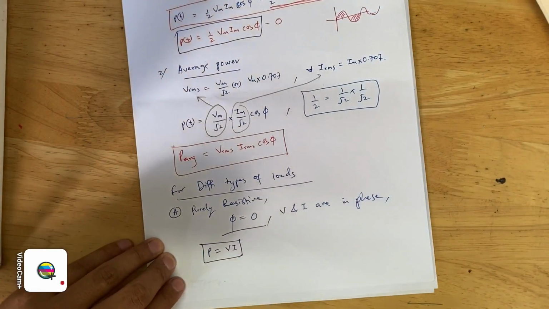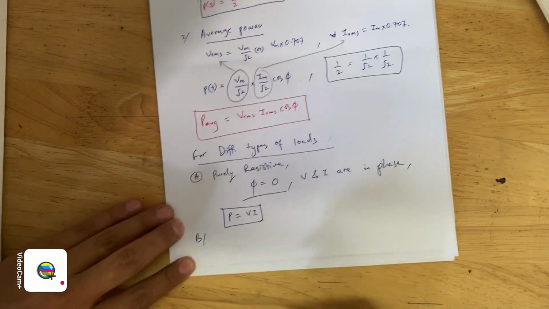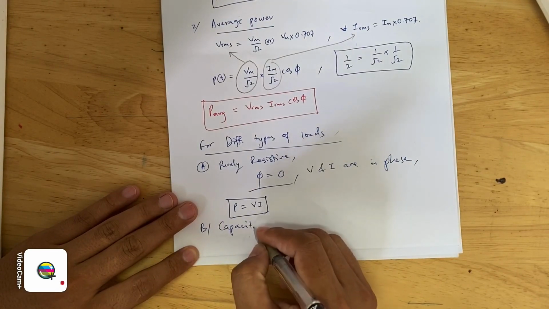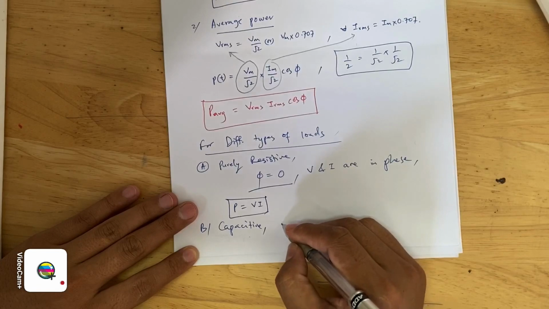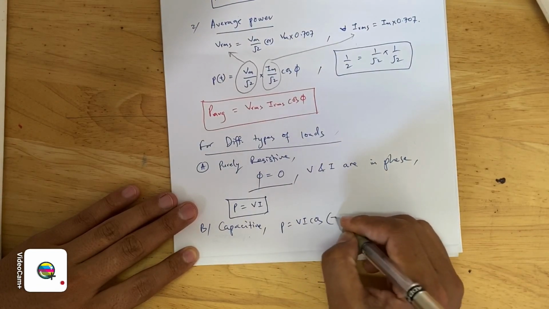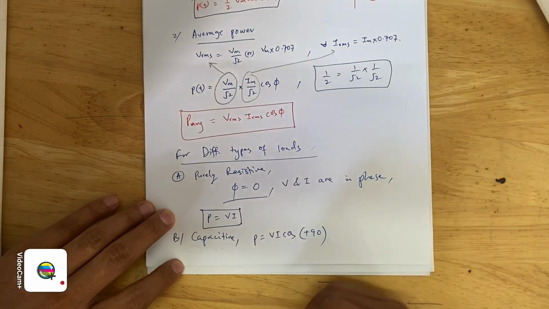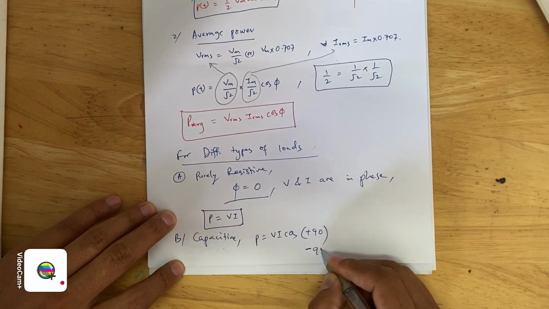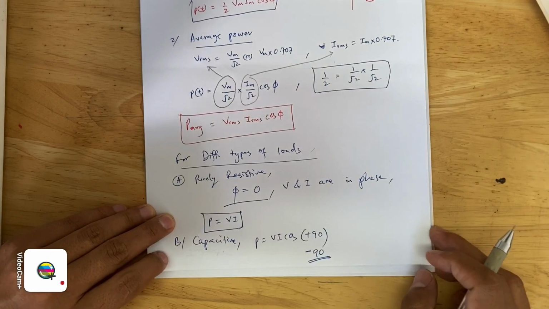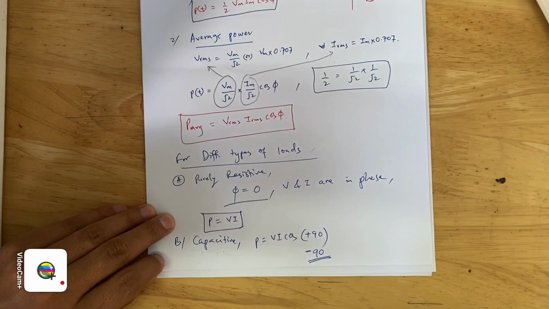If it is purely capacitive, then your P will be equal to VI cos of plus 90 degrees. For the purely inductive load, it will be negative 90 degrees. These are the formulas that we are going to use for the AC power calculation.